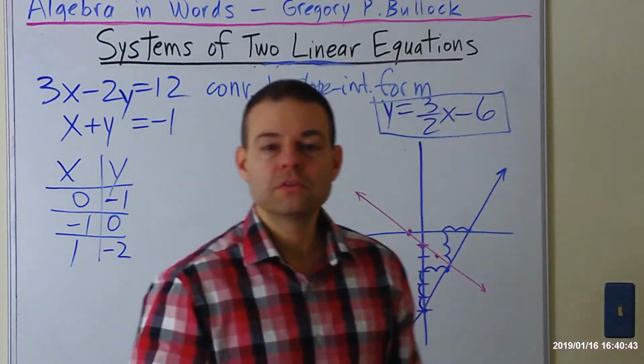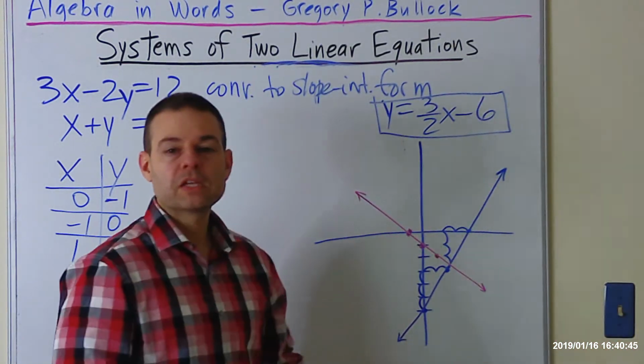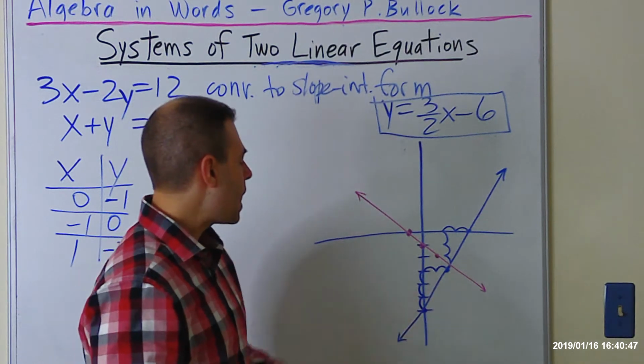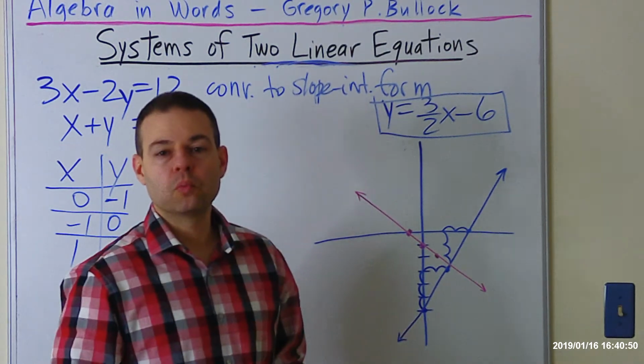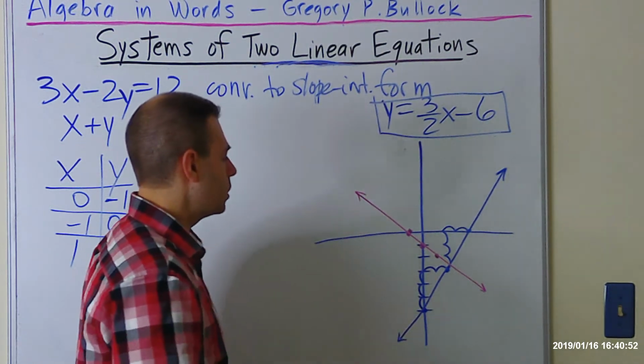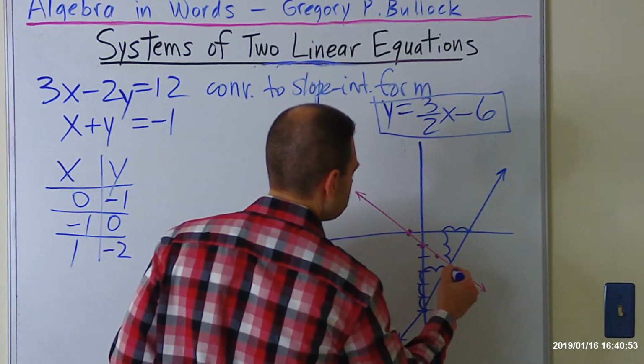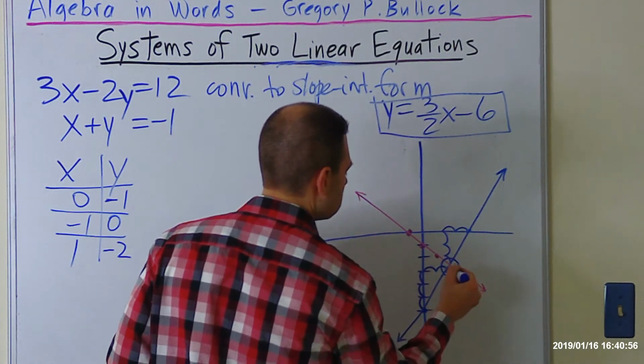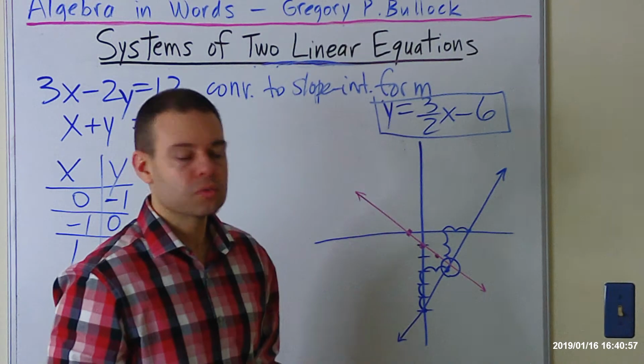Okay, so what we want to do now, the best we can, is to look at the graph and try to determine what point the lines cross. I'm just going to circle this region, and let's just do our best.